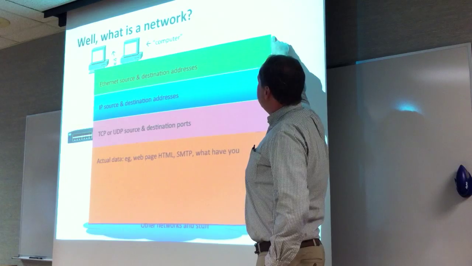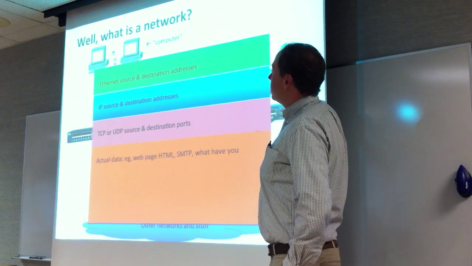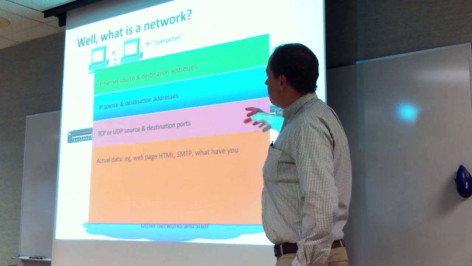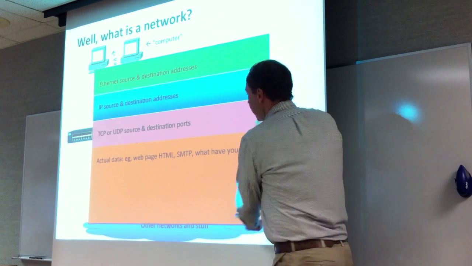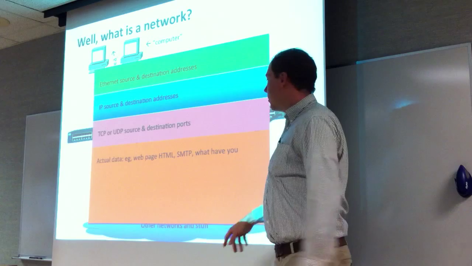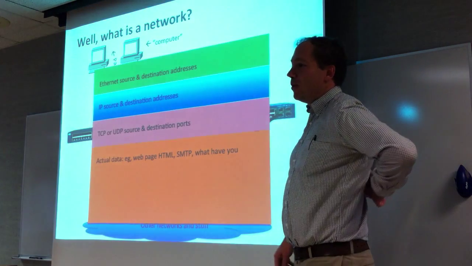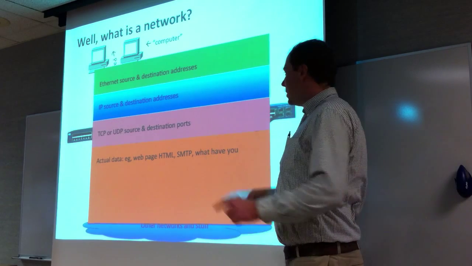The first part of the information is the local source and destination address, and then the network source and destination address, and then TCP, like port 80, you might have heard of that, is defined, and then you have the data. We're asking for a web page. This would be the GET HTTP 1.1. The web server would send back a packet with HTML or whatever.